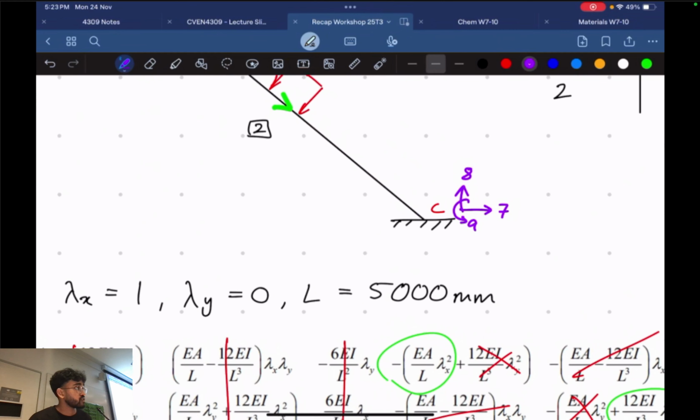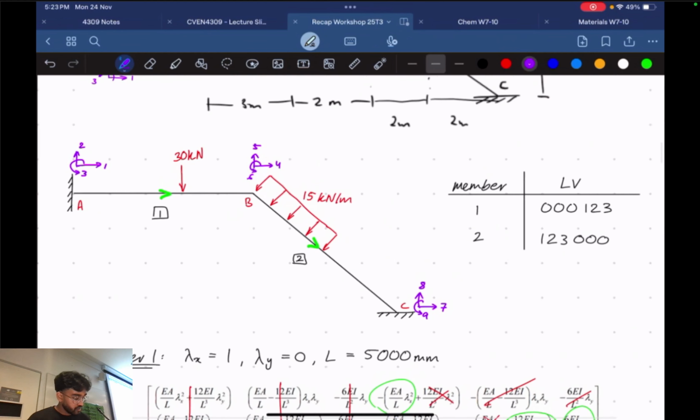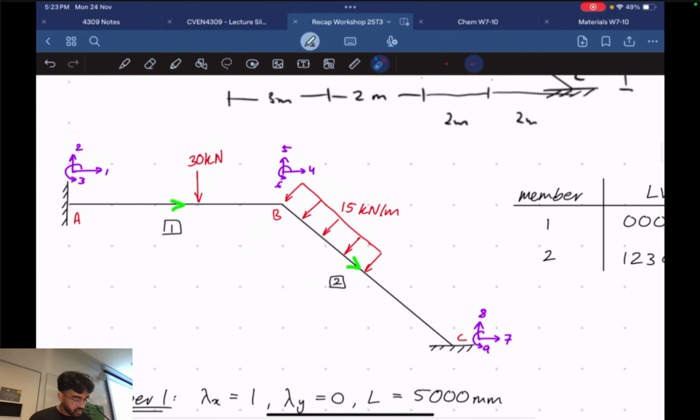So there are 9 degrees of freedom. But the way Daniel explains it is that there are closed degrees of freedom and open degrees of freedom. Closed degrees of freedom are 1, 2, and 3, so there's no degree of freedom there. 7, 8, 9 are going to be your only open degrees of freedom.